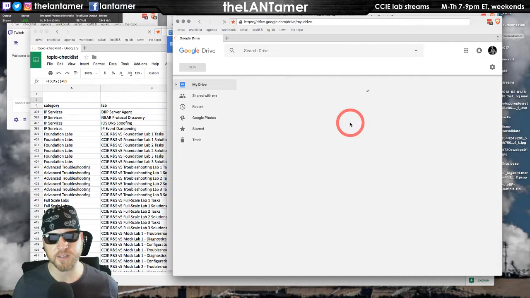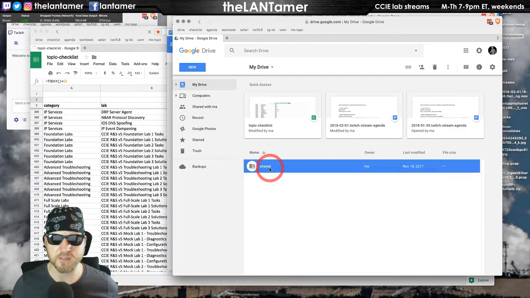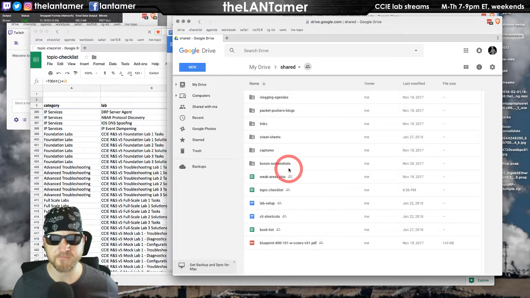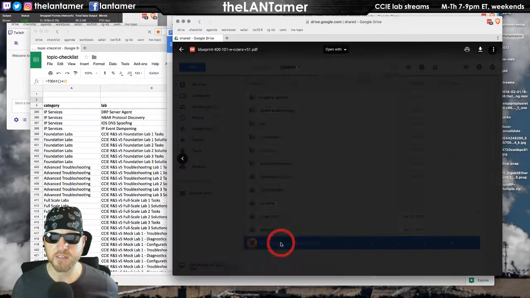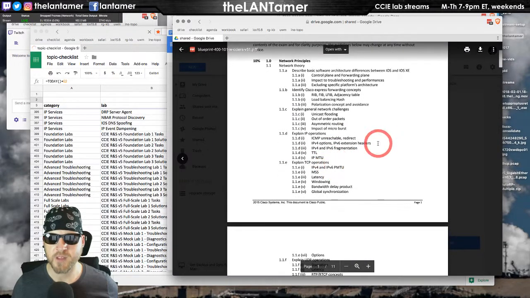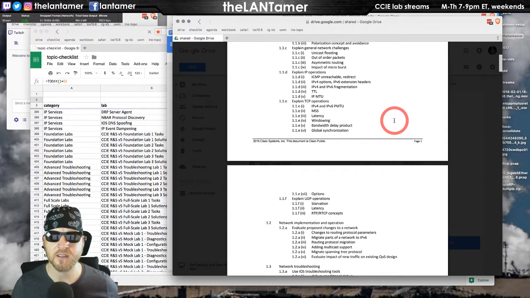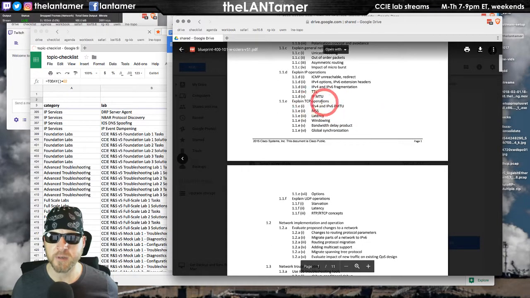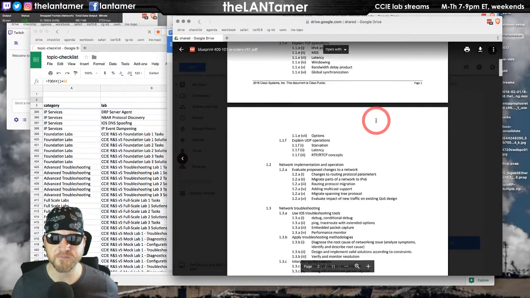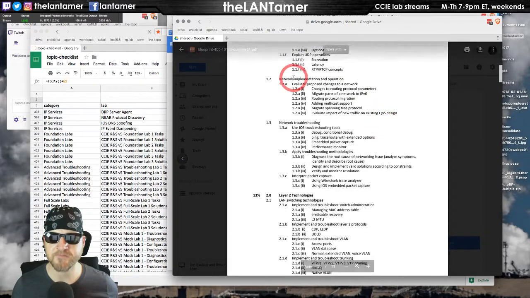You can get it behind the login wall at Cisco's site as well. But this is pretty recent. So if I look at this blueprint, there are some areas that I have not really covered in the INE workbook. TCP operations, for example. UDP operations.